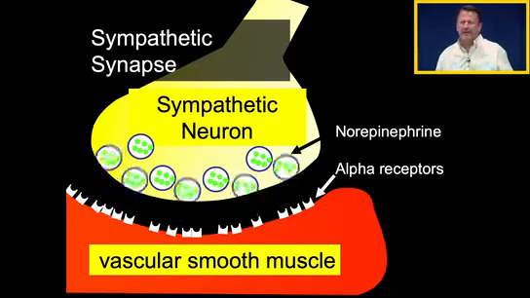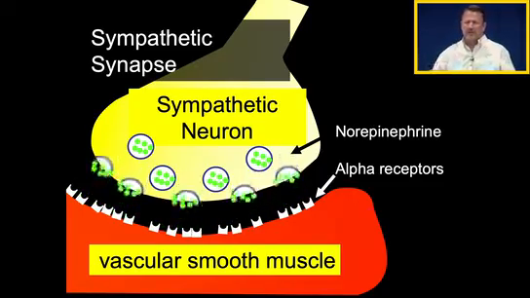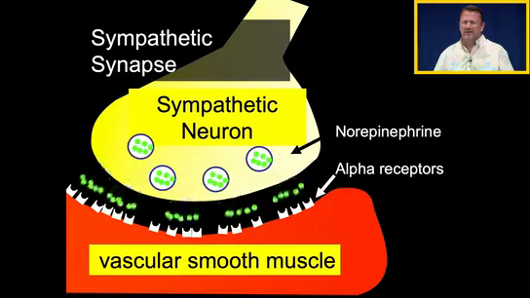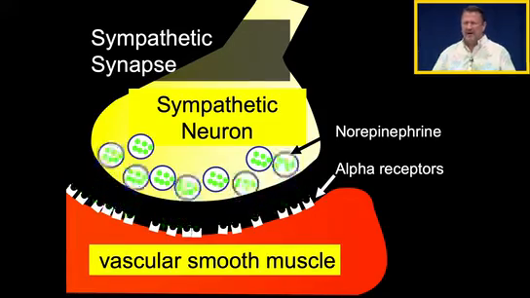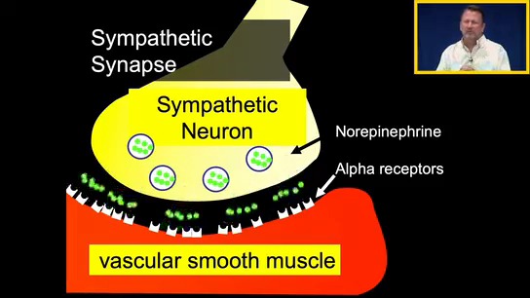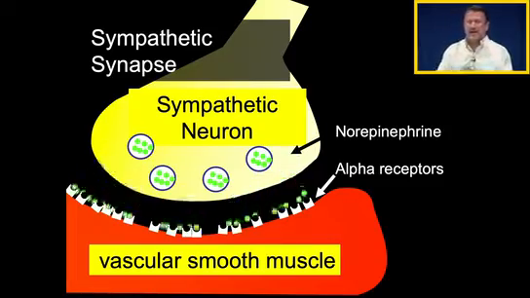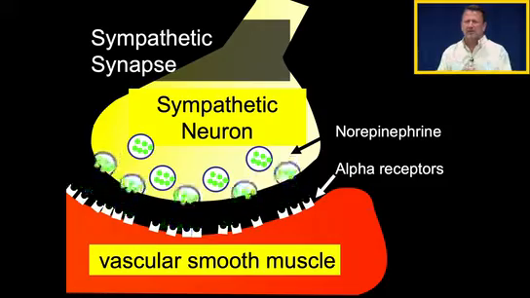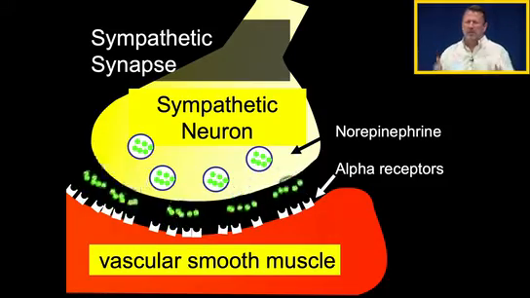When you're laying down and you stand up, your blood would go straight downhill to your legs unless you had a system to squeeze those blood vessels and push the blood upwards. And so when you go from laying down to standing up, you need those blood vessels to squeeze to push blood uphill.